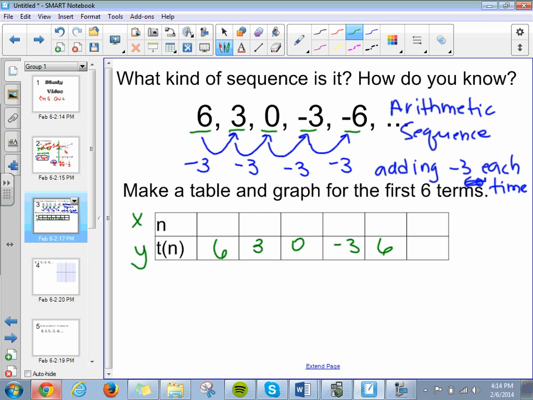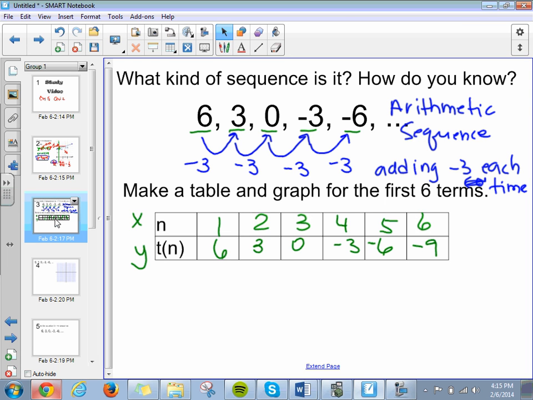And then up top, our n values are what number in the sequence is it? What term is it? The nth term. So my first term is my 6. My second term is my 3, 3rd, 4th, 5th. And then they want us to predict that 6th term, which we know, if we're going down by 3, our next one will be -9.